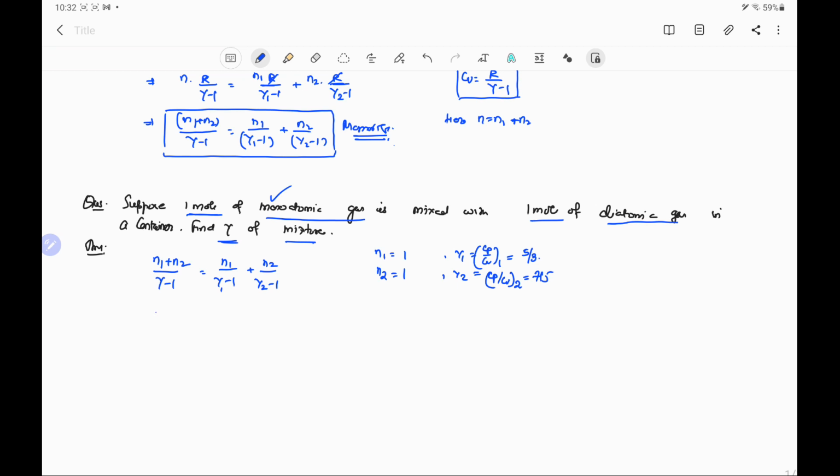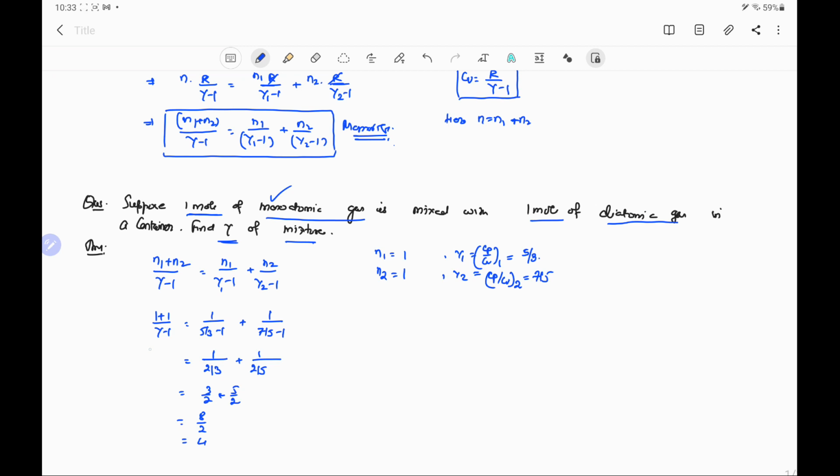Substituting the values, it is (1 + 1)/(gamma - 1) equal to 1/(5/3 - 1) plus 1/(7/5 - 1). It is equal to 1/(2/3) plus 1/(2/5), or it is 3/2 plus 5/2, that is 8/2, and it is equal to 4.